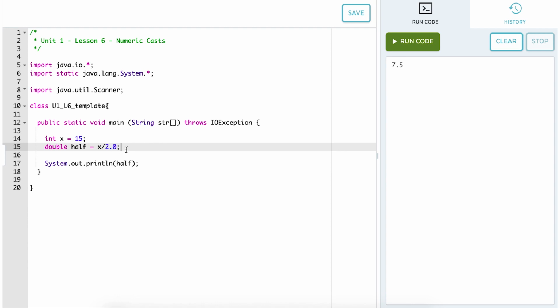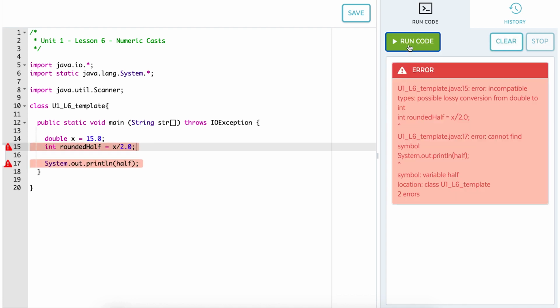Okay, so let's try this the other direction, where we are going to use a double first, and we want to cast it to an int to get, we'll just call this rounded half. So we have our double x, 15.0, and if we do x divided by 2.0, we then save that as our rounded half.